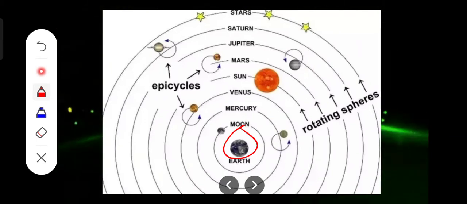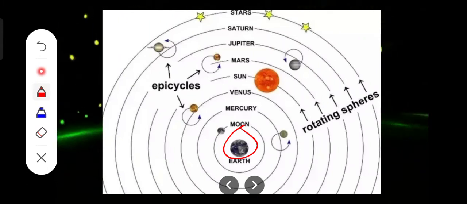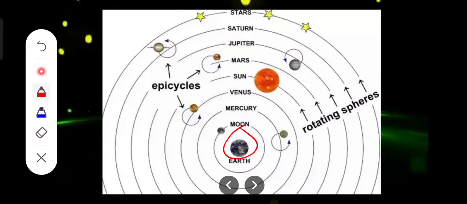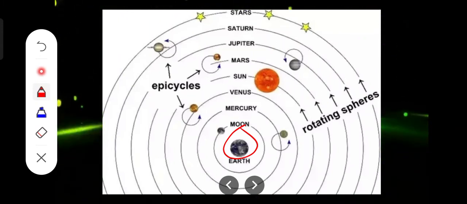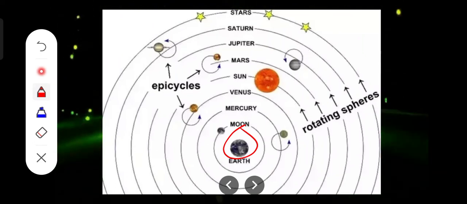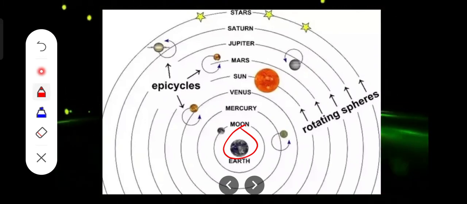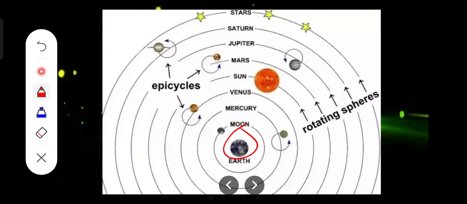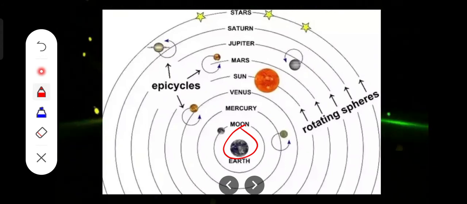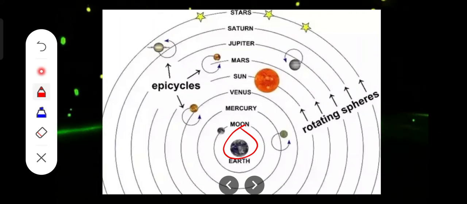In the model of Ptolemy, it explained the motion of celestial bodies accurately. That these celestial bodies are moving in their axis depending on the location of each planet or celestial body. If you are nearer to the center, you are faster in motion. So that one is the explanation of Ptolemy.